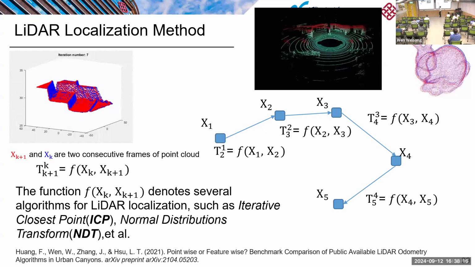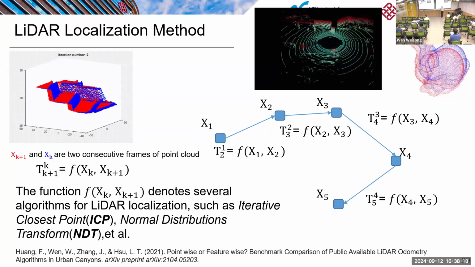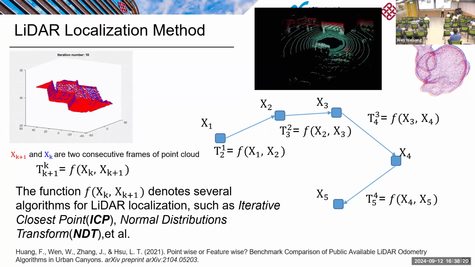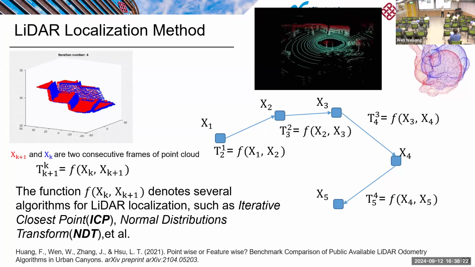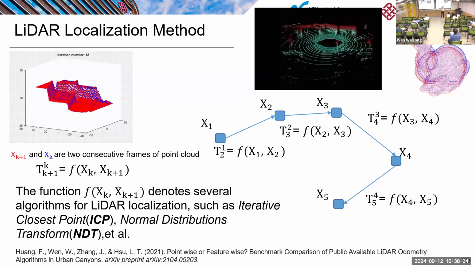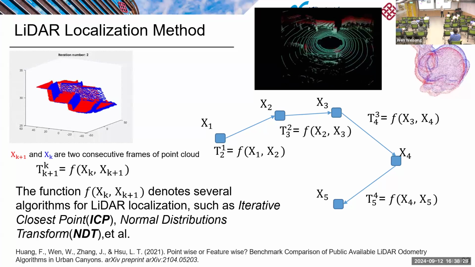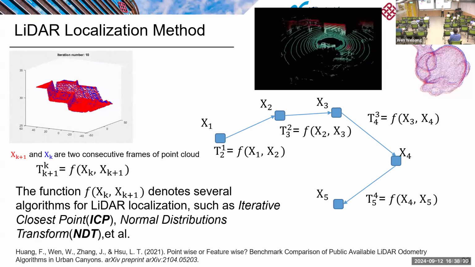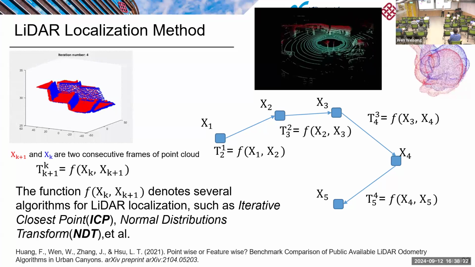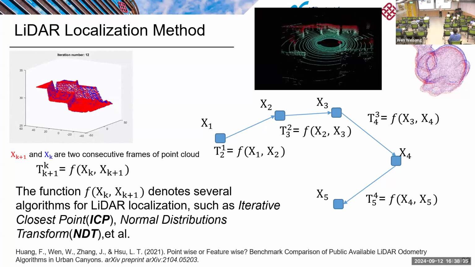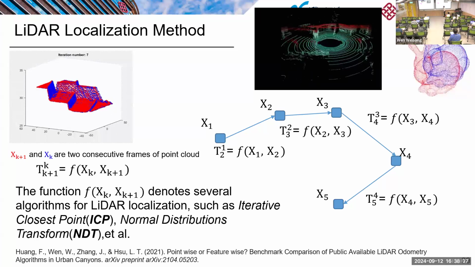I have the red points and the blue points, so find the rotation together with the translation to match the points. This translation and this rotation are exactly the change of your motion, corresponding to this transformation.